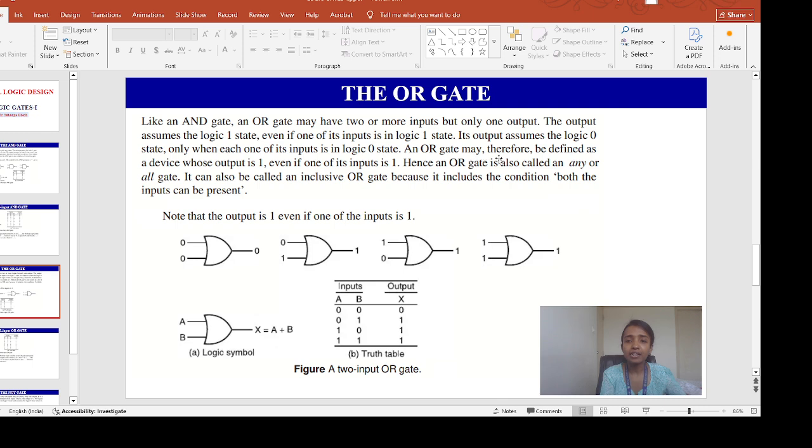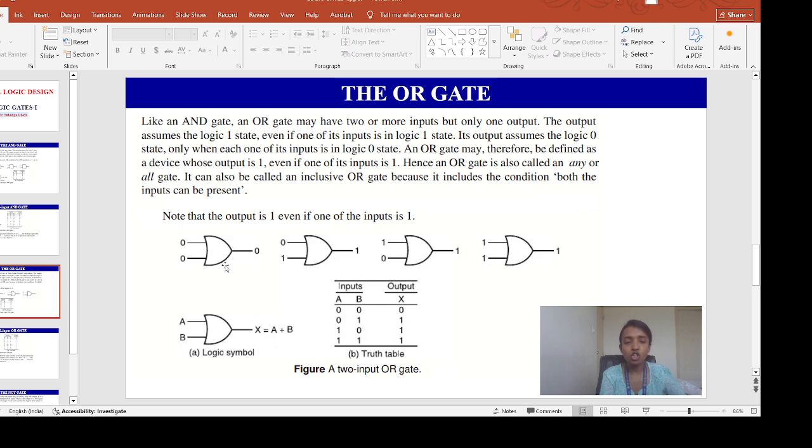An OR gate may therefore be defined as a device whose output is 1 even if one of its inputs is 1. Hence, an OR gate is also called an any or all gate. It can also be called an inclusive OR gate because it includes the condition that both inputs are present.